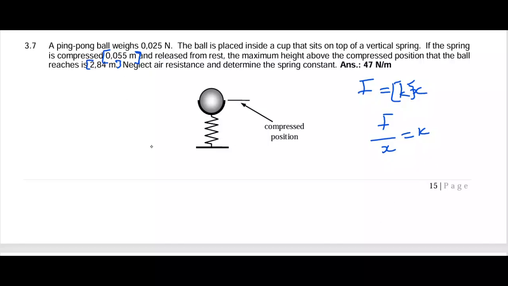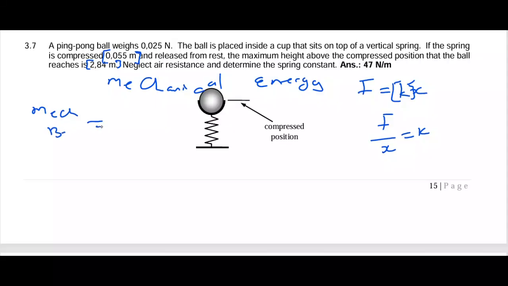So remember, here we are going to talk about the mechanical energy. So the mechanical energy, where is conservative energy? So remember, we have mechanical before, and then we also have mechanical after.